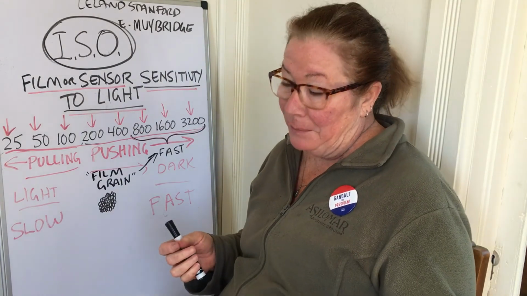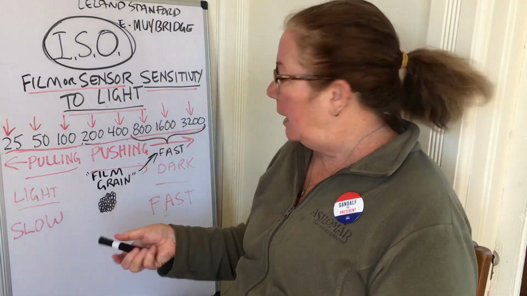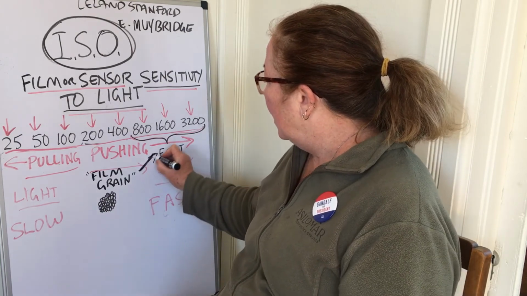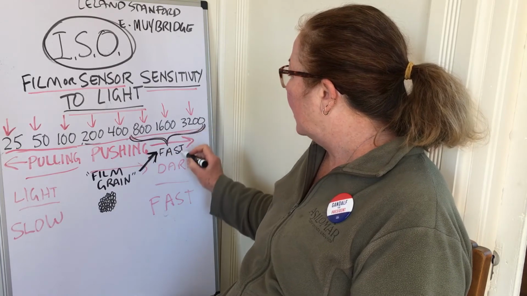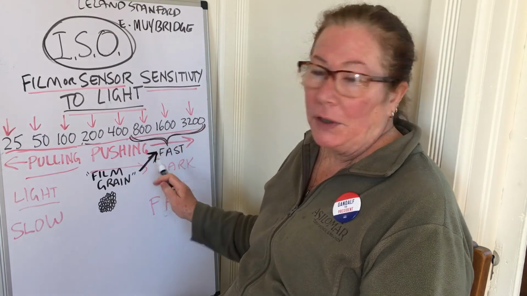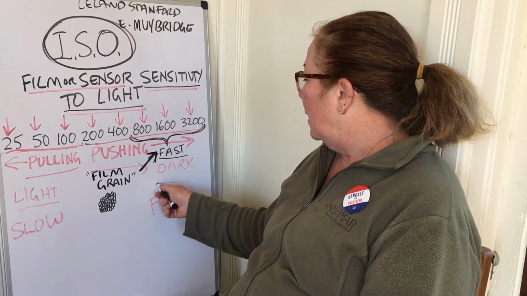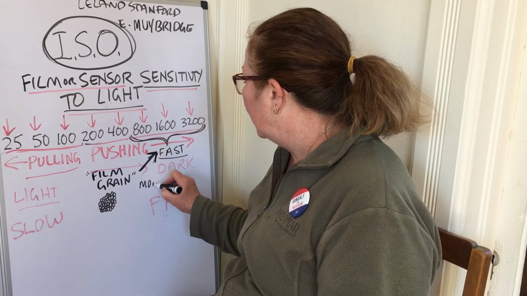If you're doing, say, commercial photography, you probably don't want that because you want to see everything. So that's one of the effects you can get from using your ISO at these higher numbers, where it's more sensitive to light. Fast film, more sensitive. So this is the more sensitive over here.